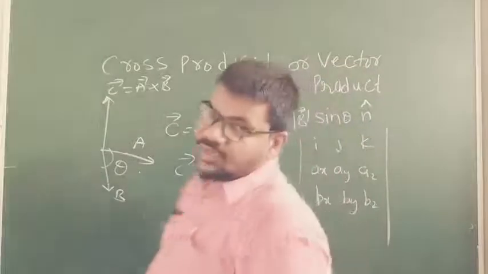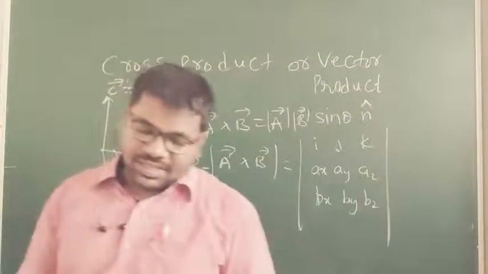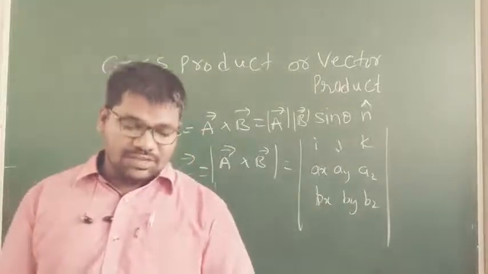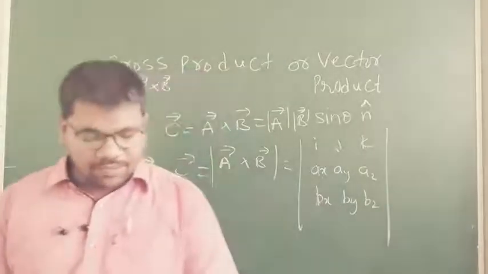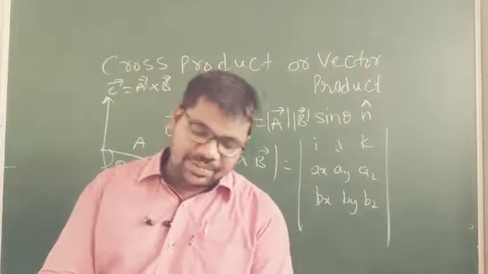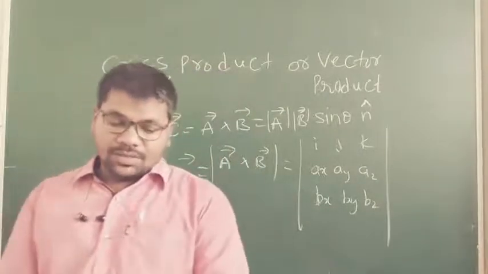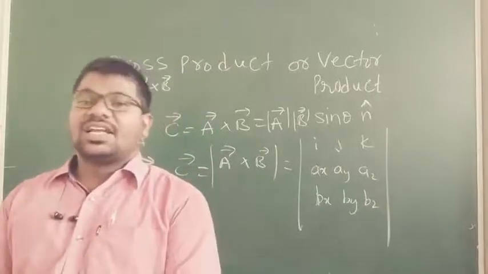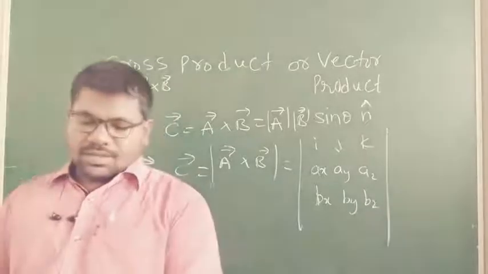In this way we have to write, my children. The applications of cross product: the cross product of two parallel or anti-parallel vectors is 0. By using this, we can find the area of a triangle.